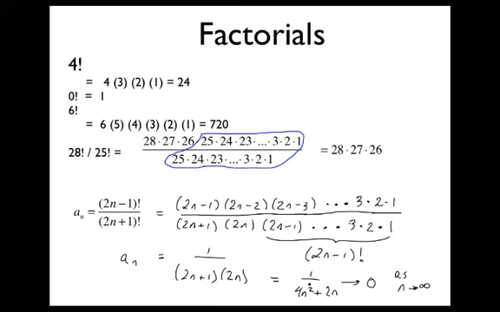This thing will approach 0 as n goes to infinity, which is exactly the same as writing this. It's just another way to write it: that expression will approach 0 as n approaches infinity. Other questions?